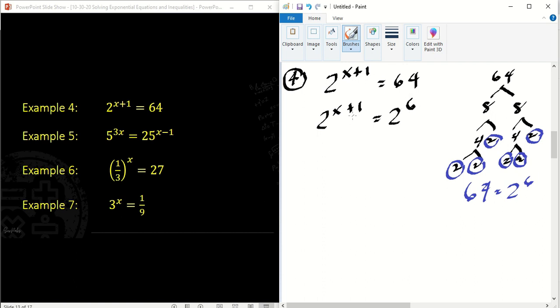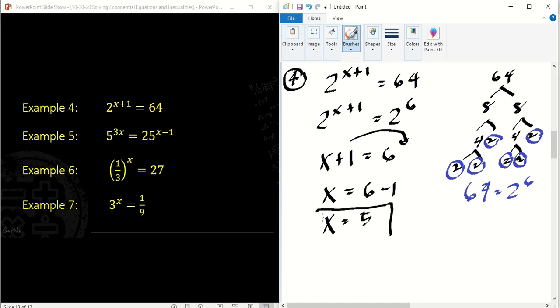So kunin mo lang ang exponent natin. Wala yung base. So x plus 1 is equal to 6. Transpose, lipat si 1. So that will be x is equal to 6 minus 1. So that will be x is equal to 5. Mental checking na lang gagawin ko. Yung x, pag pinalitan ko ng 5, magiging 5 plus 1, 6. Eh, ang 2 to the 6 nga, ang equivalent niya ay 64.